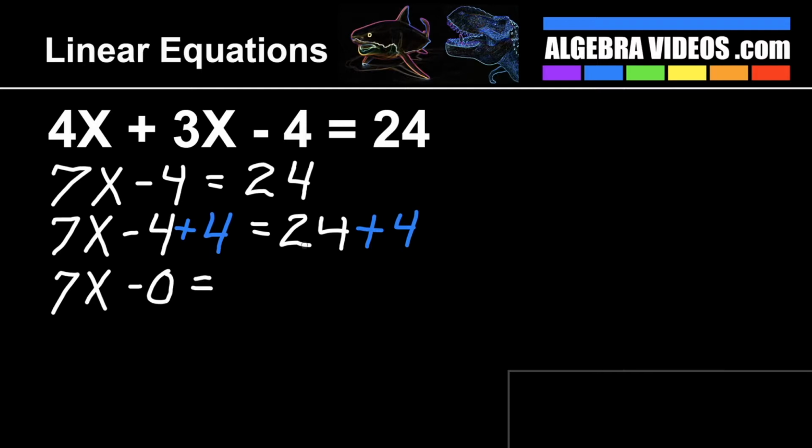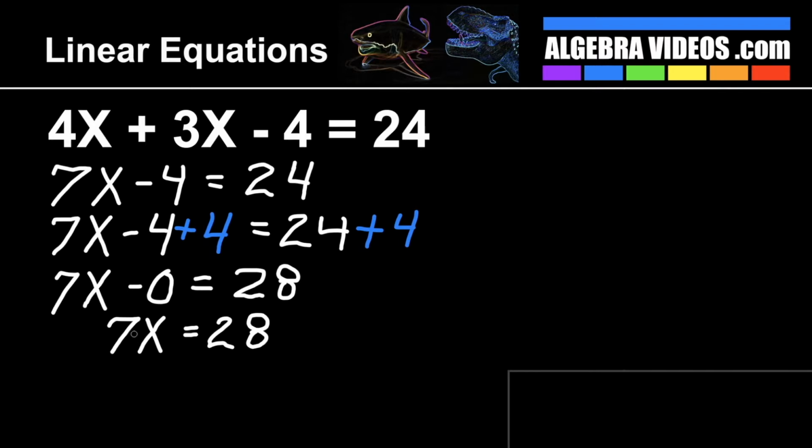And then on the right side, I've got 24 plus 4. That's 28. So 7x minus 0 equals 28. And another way to simply say that is just 7x equals 28. We don't need to show the minus 0. So 7x equals 28.